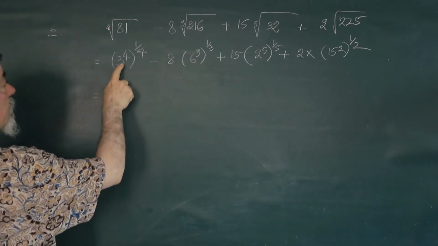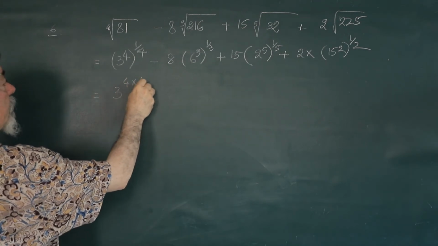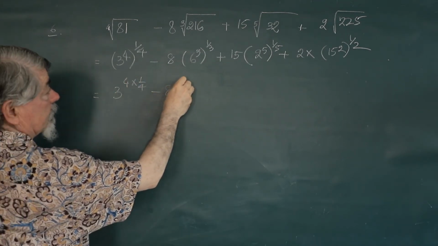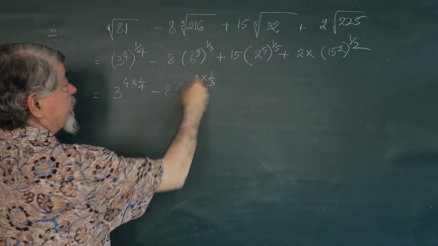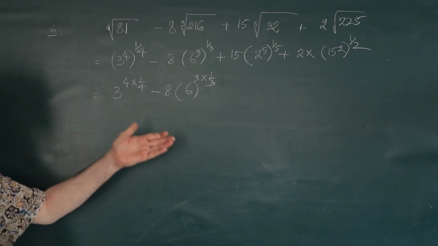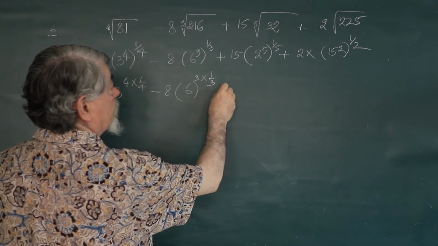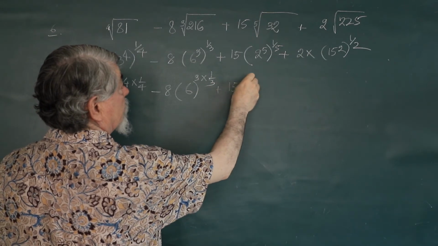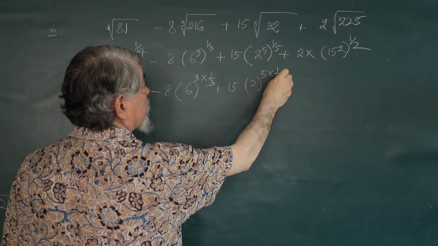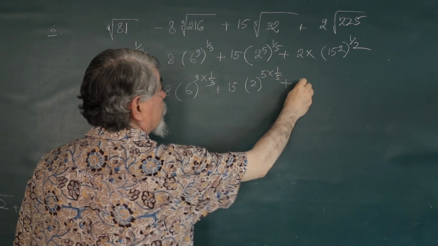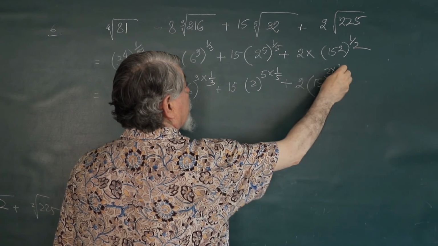So here 3 to the power 4 into 1 upon 4, minus 8, 6 to the power 3 into 1 upon 3. If it is power to the power, according to the power law, the powers get multiplied. Plus 15, 2 to the power 5 into 1 upon 5, plus 2 into 15 to the power 2 into 1 upon 2.